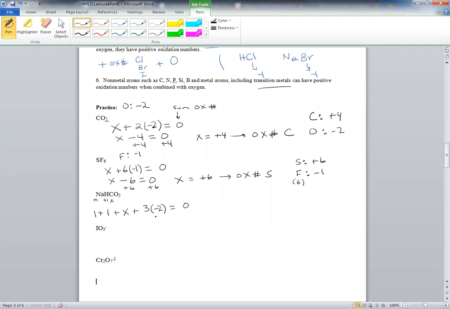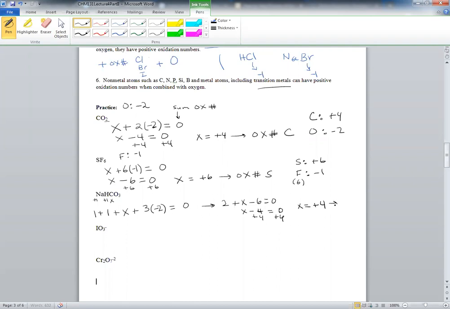So solve then for X. So we have 2 plus X minus 6. 2 minus 6 is -4. And of course, +4, and that would make it X equals +4.